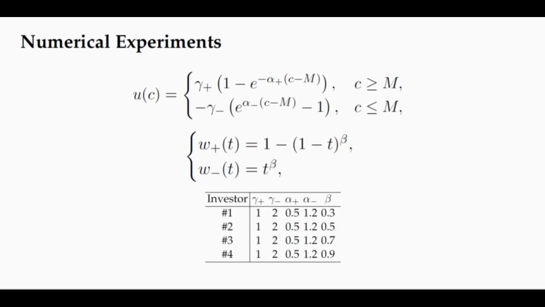And we consider 4 investors with the same set of parameters defining the utility function, S-shaped utility functions, and distortion. And the distortion parameter, beta, will be different for the 4 investors. The greater the beta is, the less the distortion is.